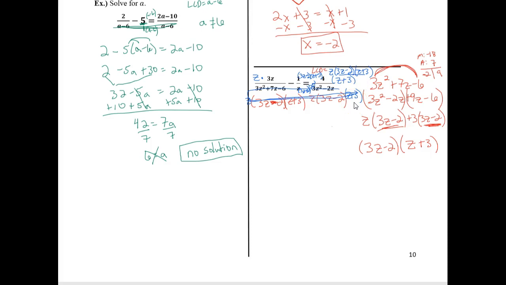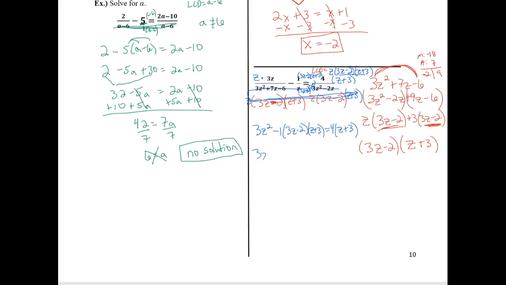I have z times 3z, which is 3z squared. I have a negative 1 times 3z minus 2 times z plus 3, and that will equal 4 times z plus 3. So now I need to simplify this a little.